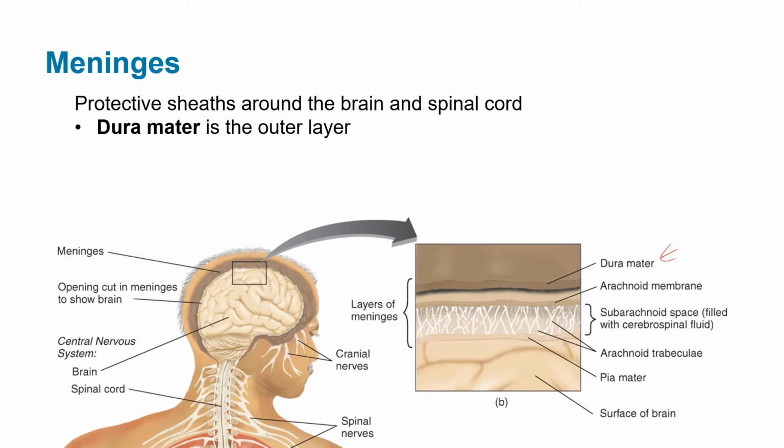Then below that, you've got the arachnoid membrane. It's called the arachnoid membrane because it has a bunch of protrusions coming off from it that look like spider legs. The arachnoid membrane is this outer layer you see here, and then off from that are all these protrusions. These protrusions are the subarachnoid space.